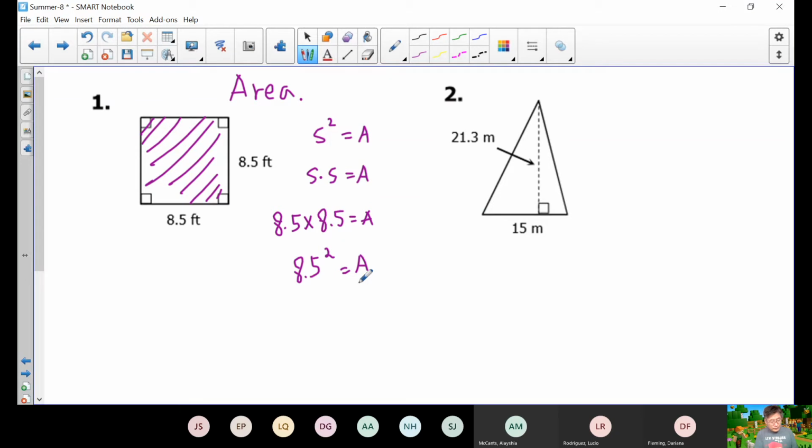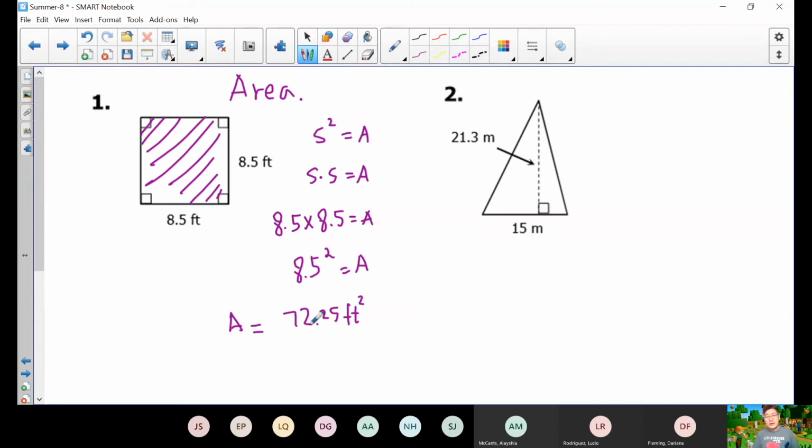I hope I can do mental math, but not necessary. Okay, what is it? 8.5 square. Enter. 72.25. Now you gotta put unit, right? Square. That's area.